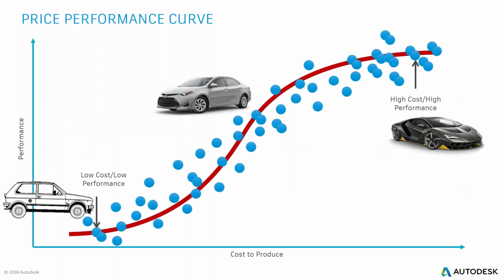So again, if we use a transportation analogy in terms of cars or vehicles here, with cost to produce along the horizontal axis, performance along the vertical axis, right? There are many different cars out there. So at the one end of the spectrum, we have low cost plus perhaps low performance cars. And then you have your mid-range vehicle, and then we have a high cost, high performance vehicle, right?